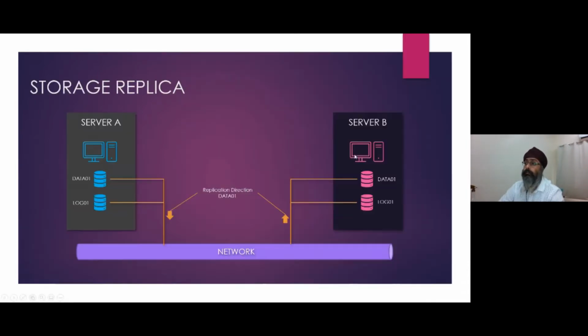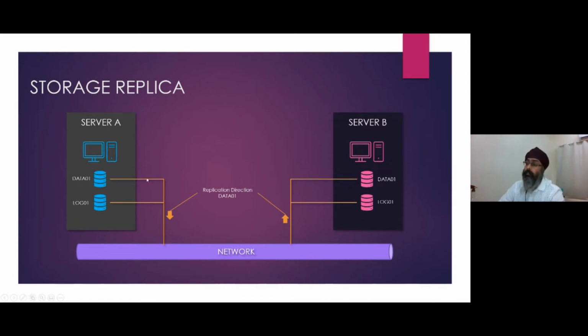Okay, this is the diagram of the storage replica to give you a better understanding of what it's all about. Server A, we have C drive, and I haven't put the C drive here. There's data 1 which I want to replicate over, and there's log 01 which will be used by storage replica itself.